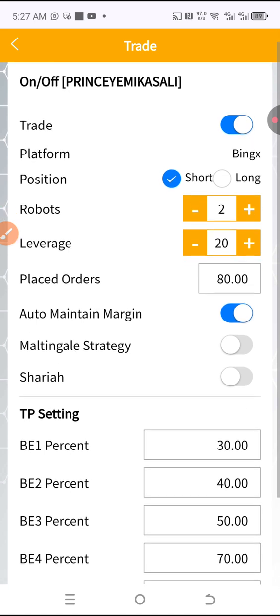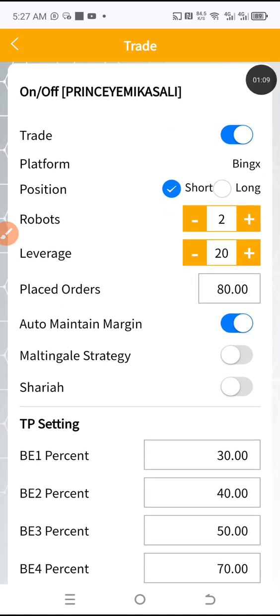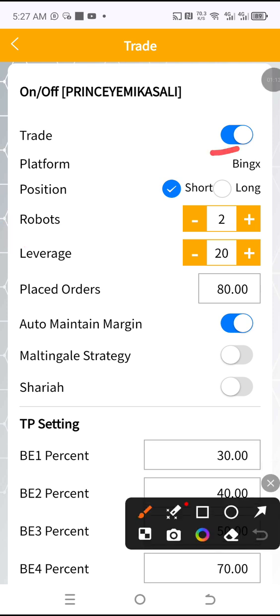I'll be showing you this. This is all we need to set as an inactive trader. All you need to do is put the trade on shorts. Depending on the robot you're buying, if you're buying $100, this will be 3. If you're buying $500, it will be 5. $1,000 is 7.